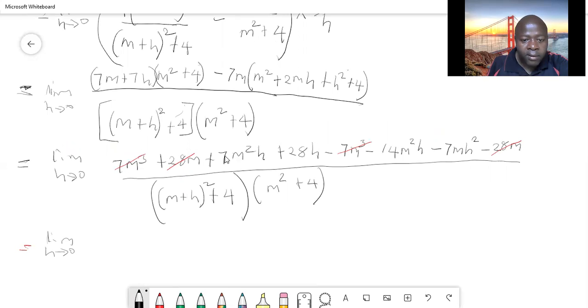Now this is 7m squared h and this negative 14m squared h, so the two give us negative 7m squared h.